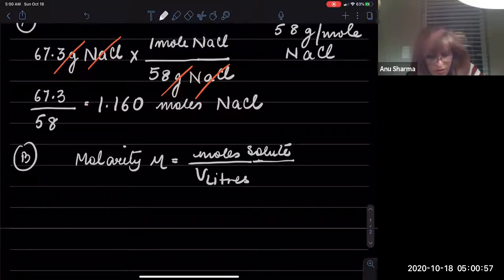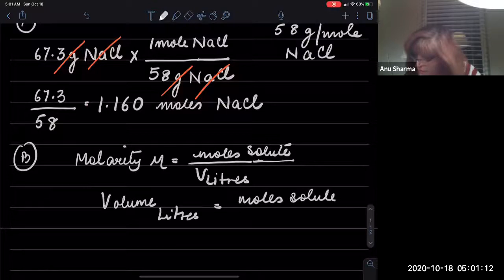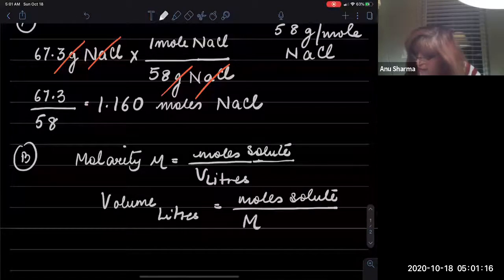When you do the algebraic conversion, volume in liters is equal to the number of moles of the solute divided by the molarity given of the solution.